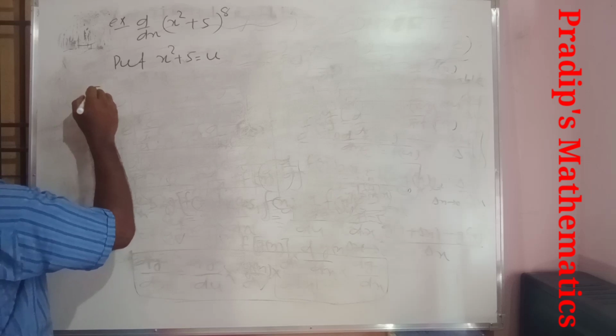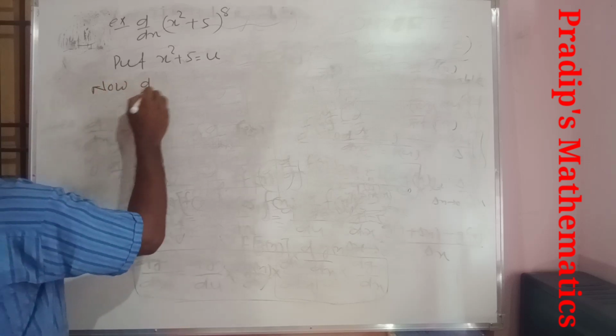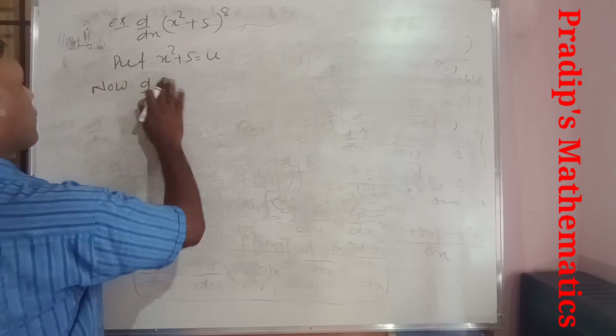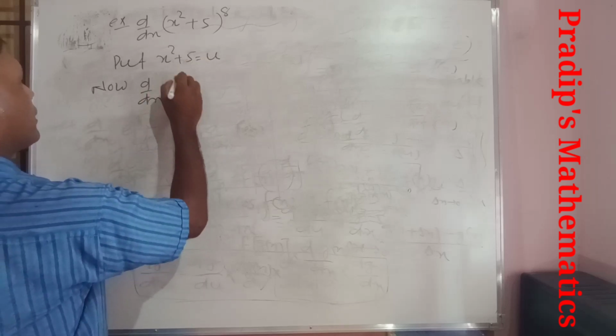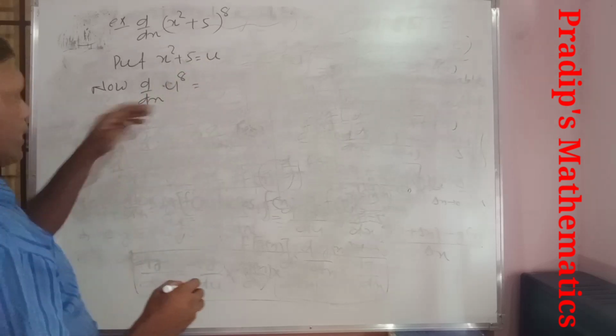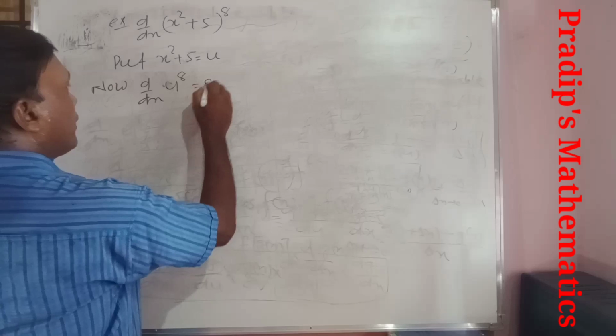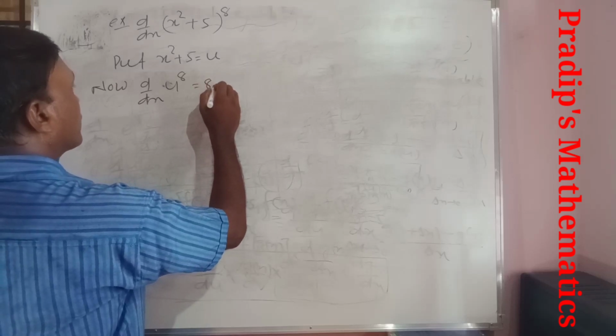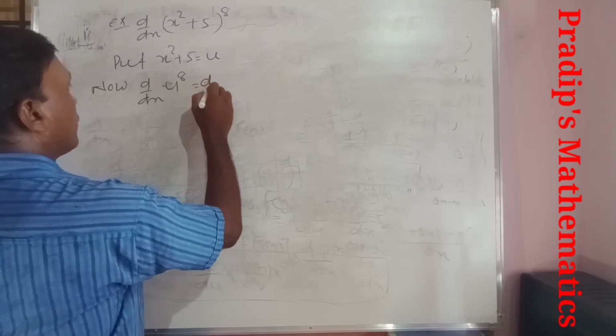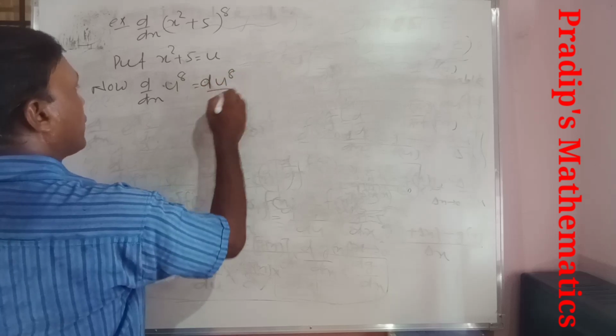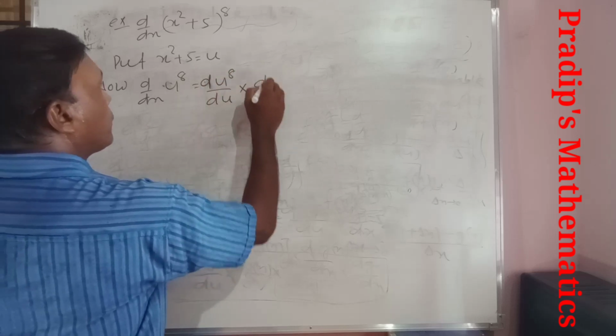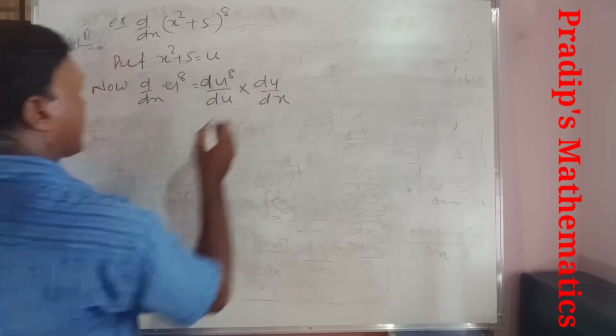Now what happens? This is u to the power 8. So by the formula for x to the power n, we can write derivative of u to the power 8 with respect to u into du by dx.